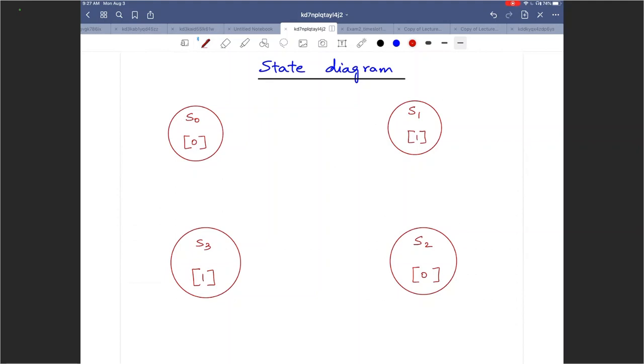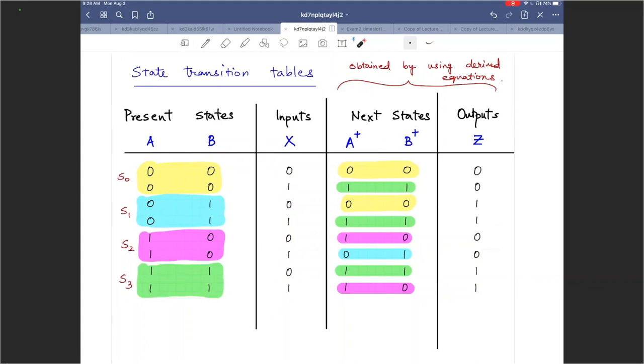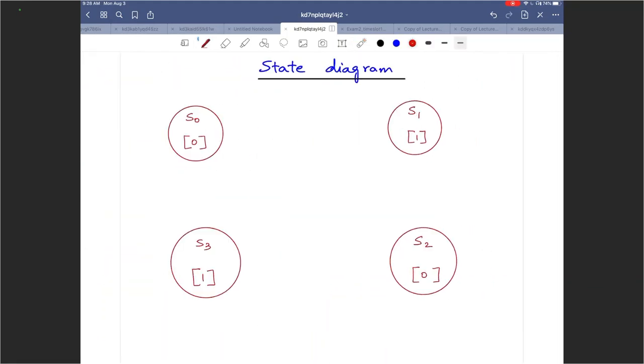Next, let us take a look at transitions. If you are in S0, you get a 0, you stay there. You get a 1, you go to state 3. Let us do arrows in black. If you are in state 0 and you get a 0, you stay here.